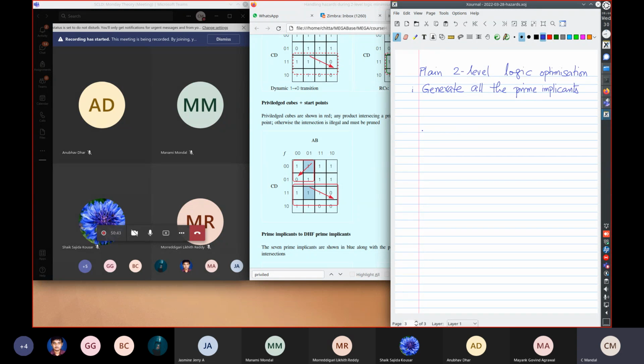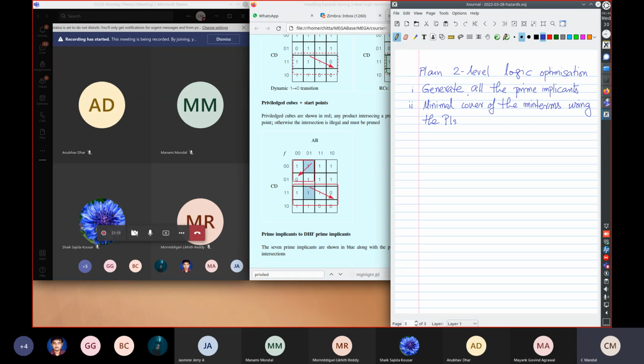All right, and you have cover, minimal cover of the mean terms using the PIs.